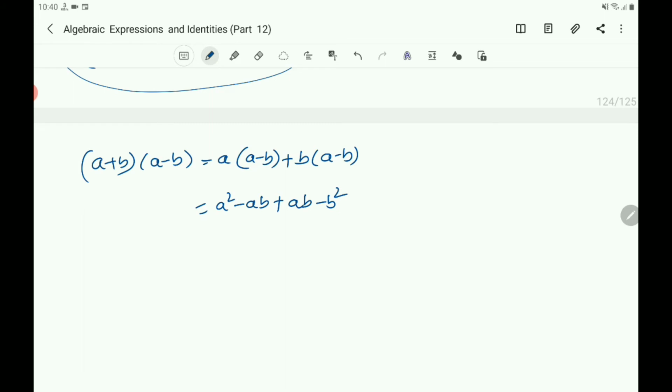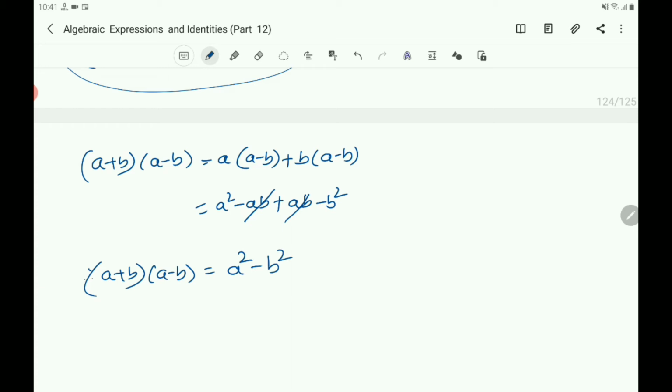Here you can observe these two terms have opposite signs with the like terms. They are like terms, but they have opposite signs, so you can cancel them. Therefore you can write (a plus b) into (a minus b) equals a square minus b square.